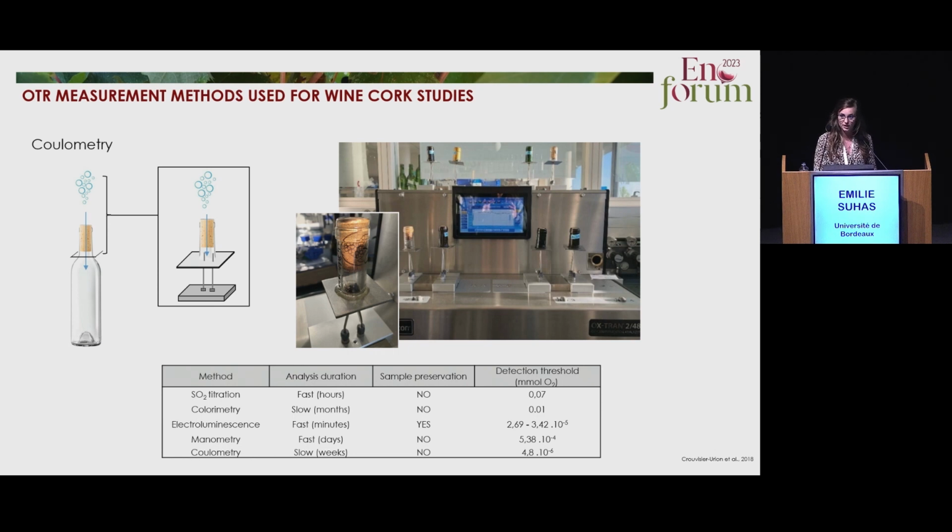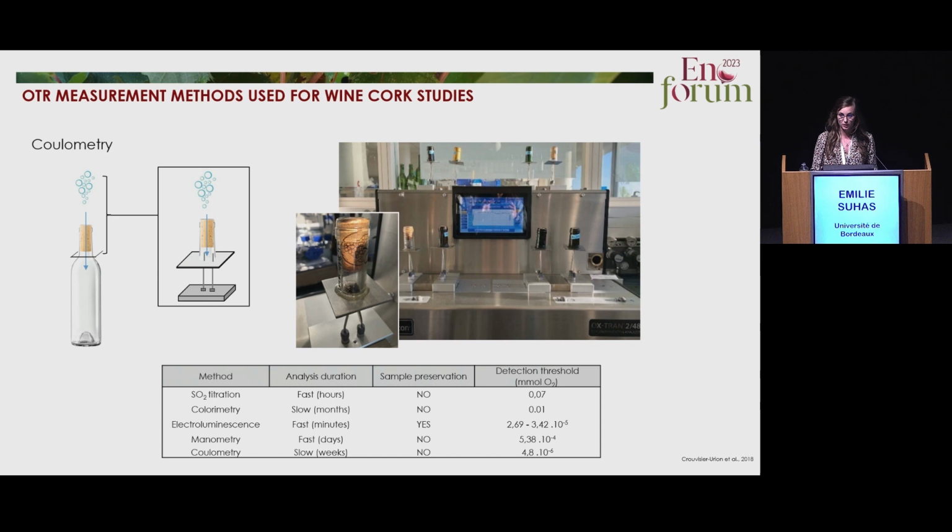In order to measure the OTRs of various closures and old bottles that have aged for over 10 years, it was important to come up with a measurement method that would be appropriate for this approach and this type of samples. We talked about pressure gauging, others use colorimetry. In our study, to study the old bottles, we ended up opting for coulometry.